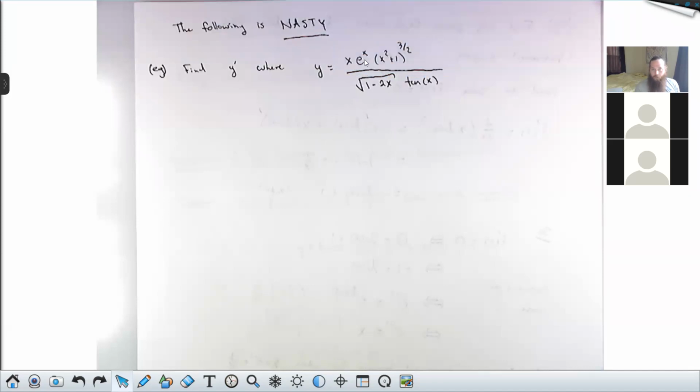So you need 2 product rules just to differentiate the top. And then within that, you'd have a chain rule here. And the bottom is also a product. And within that, you would have a chain rule with this. So if you wanted to do this the normal way, using the quotient rule, product rule, and chain rules, you would be here all day. And what's worse, probably make a mistake somewhere, because there's so much to do.